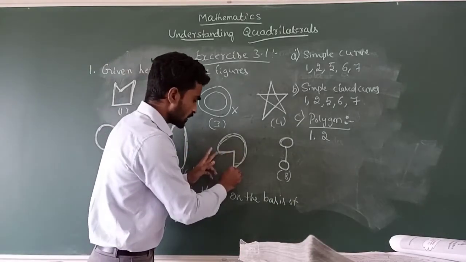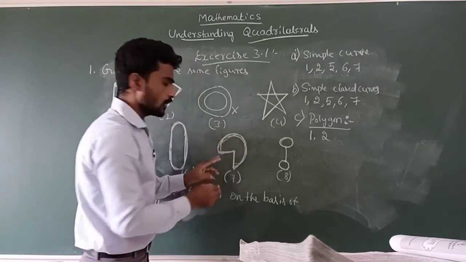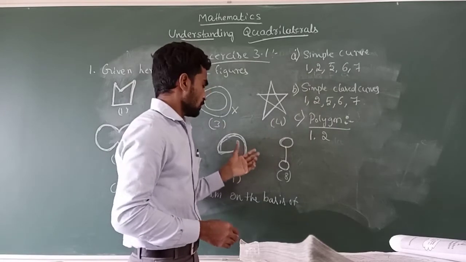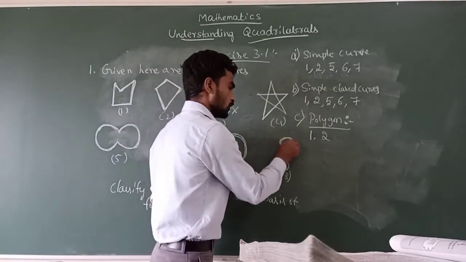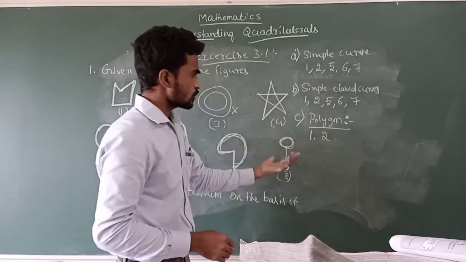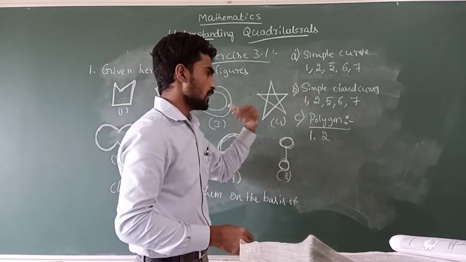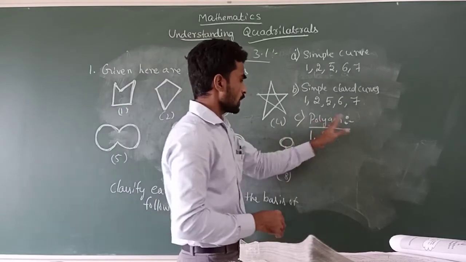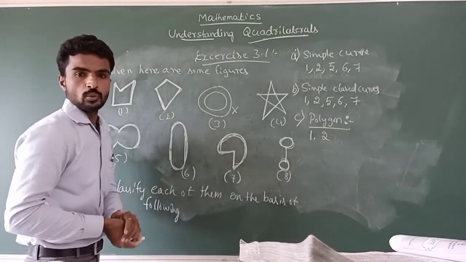Here 2 line segments are there, but 1 curved line is there, therefore it is not a polygon. Here there are 2 curves. It is also not a simple closed curve, then it is also not a polygon. Therefore examples for polygons are 1 and 2.